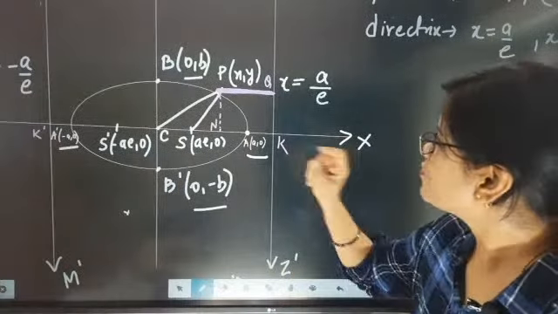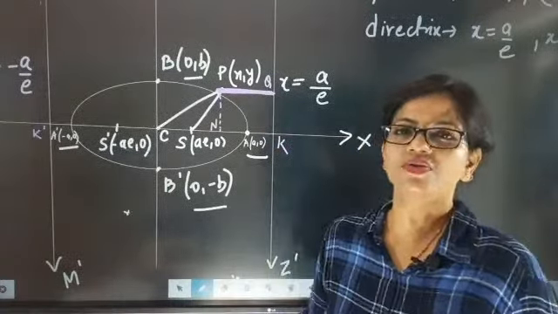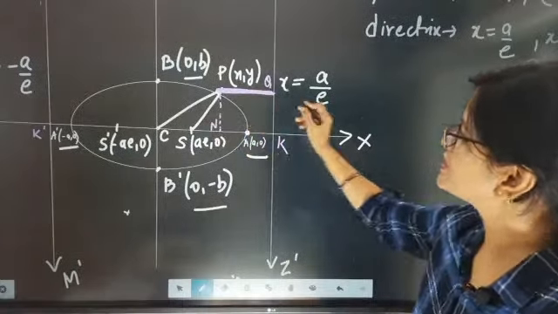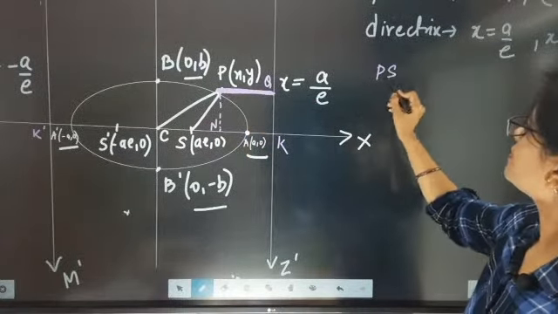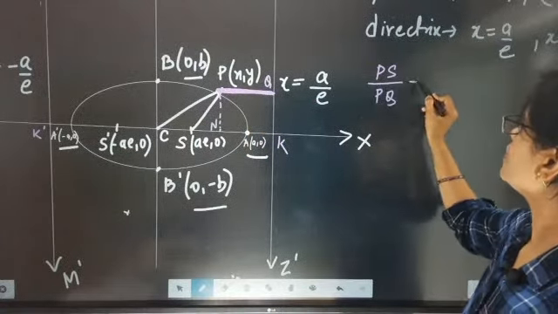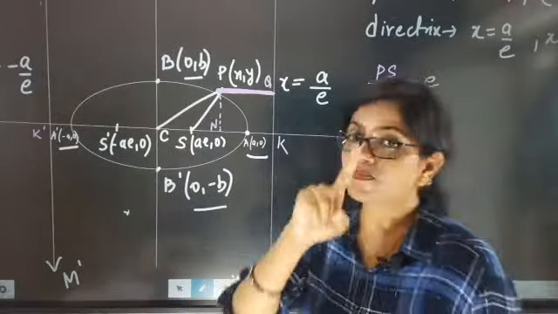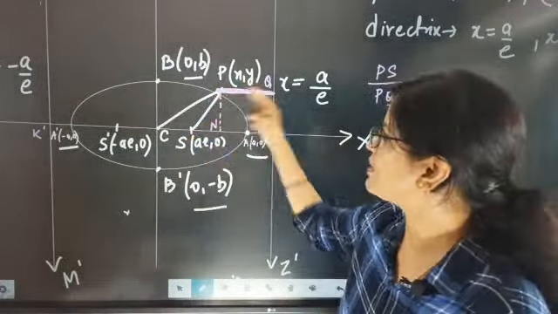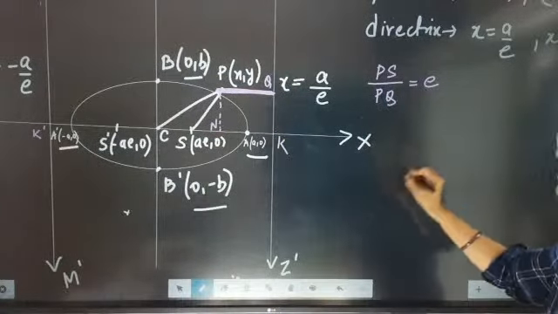Now we need to derive the equation. We know that PS by PQ will be equal to eccentricity, because this is the arbitrary point's distance from the focus. PS by PM, we have done this millions of times now.